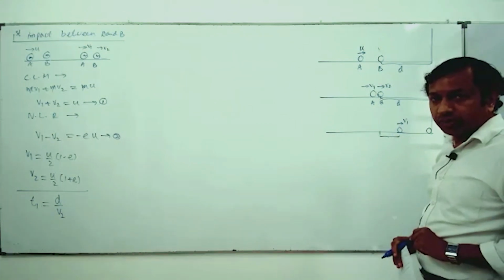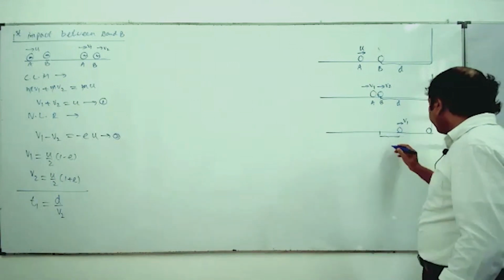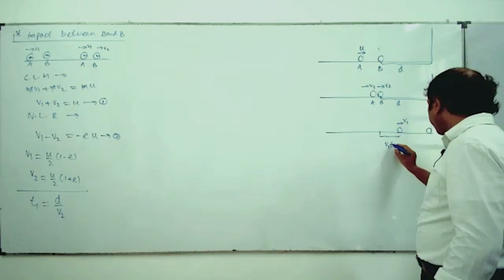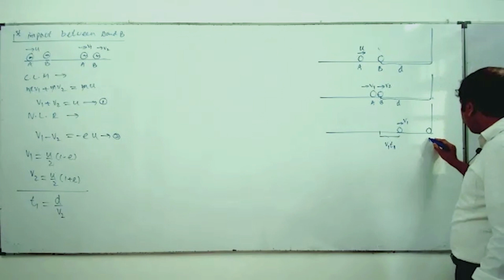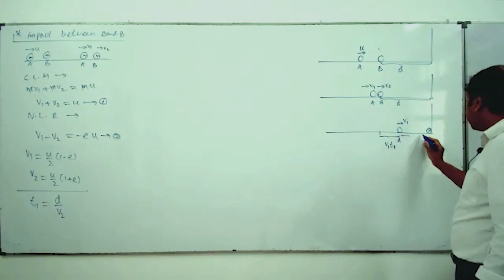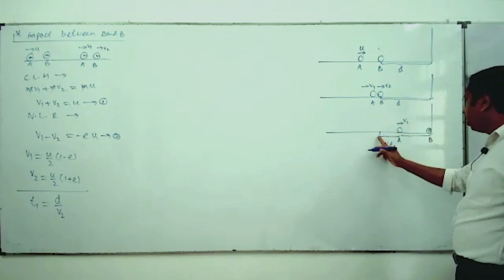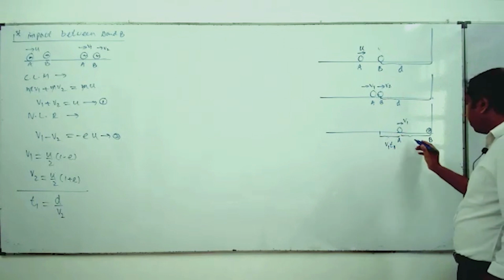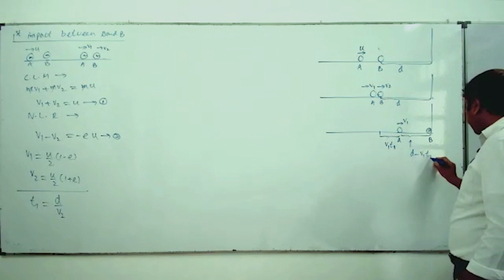The time is T1, the velocity of A is V1, so this distance is V1 T1. Right? Now at the moment B strikes the wall, the distance between A and B is this distance. What is that? Initially D, and now A has moved towards the wall this much. Therefore, this length is D minus V1 T1. Right.